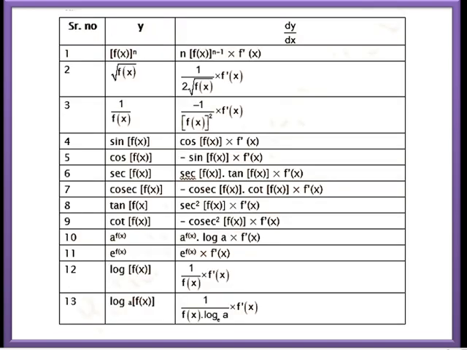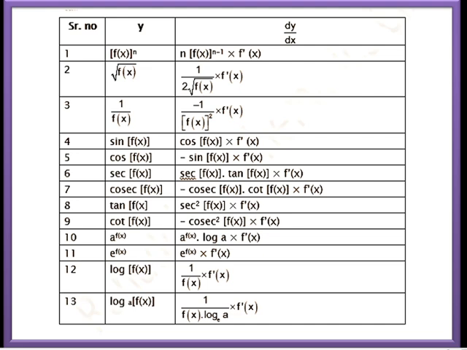Now this is generalization of standard formulae. See, we know that derivative of x raised to n is what? N into x raised to n minus 1. Now base need not be x, because I can say sin x raised to 7, right?